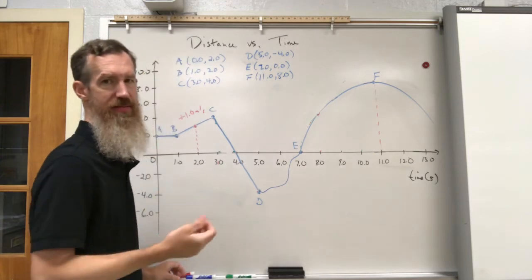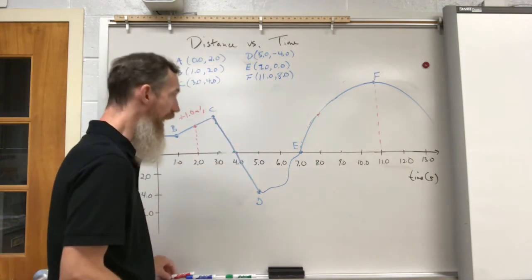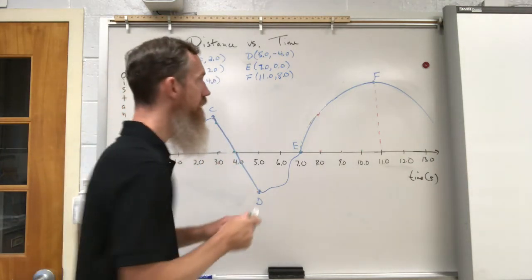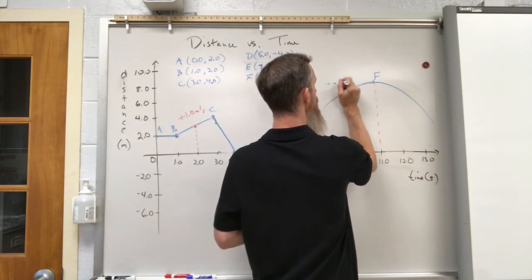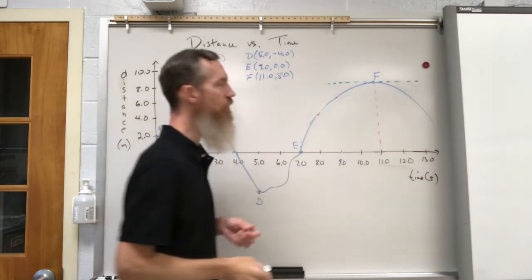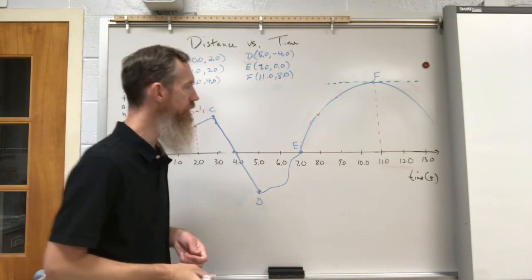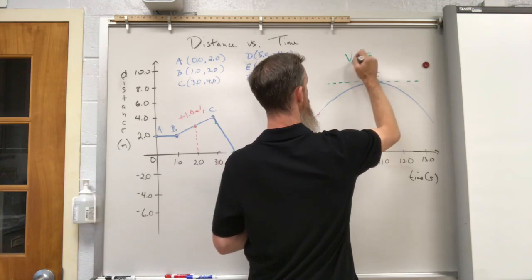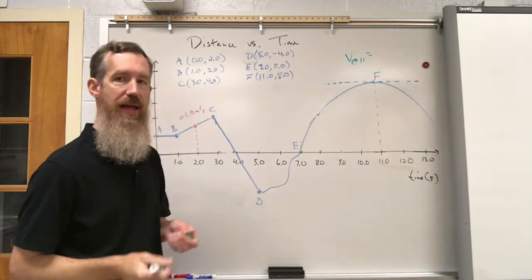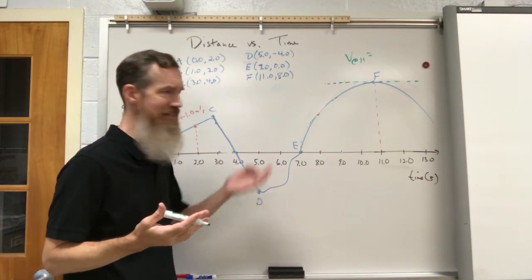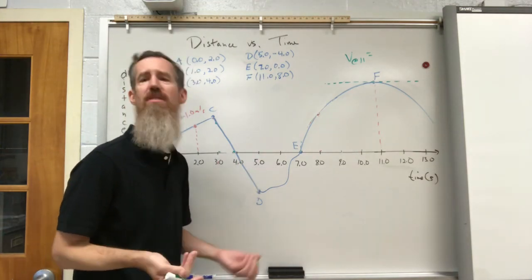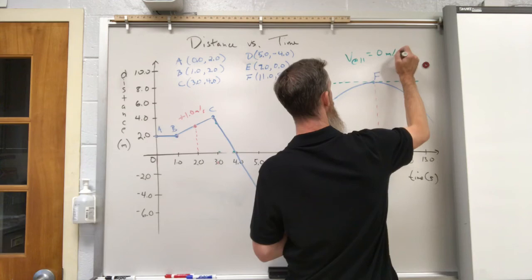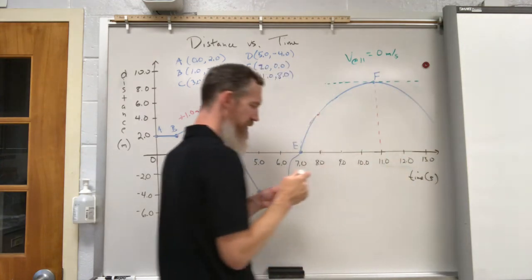Because f is supposed to be over 11, I'm faking a little bit, but at 11 seconds, I look at that point f and I want to draw my tangent line. Well, notice if I do that, my tangent line's pretty much a horizontal line. So velocity at 11 seconds equals, well, I can't really do a slope of a horizontal line. What's the slope of a horizontal line? Nothing. So this would be 0 meters a second.